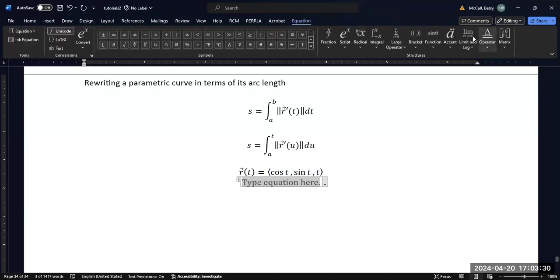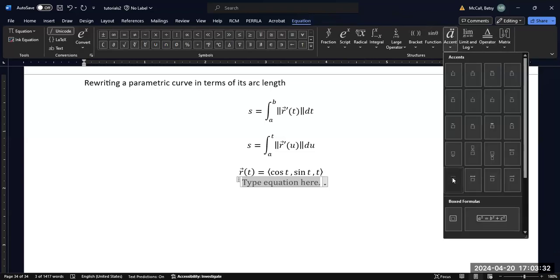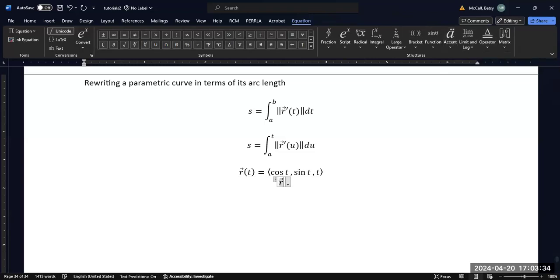Then our derivative is going to be minus sine t, cosine t, and 1.